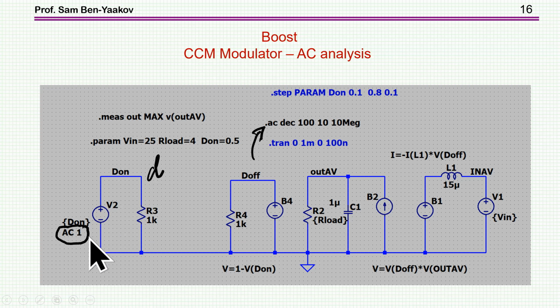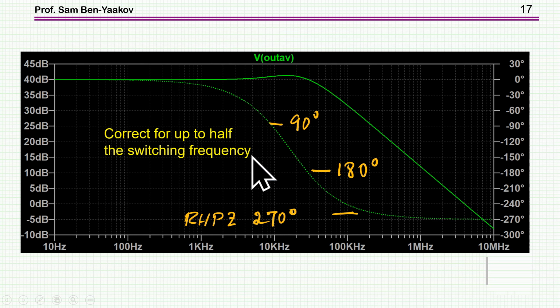And then I'm defining D off as 1 minus the voltage here. So whenever you have a change in the duty cycle here, it will translate to, actually it will be minus, same number, only with a minus sign here. And then everything else is the same. There's no change. And here it is.